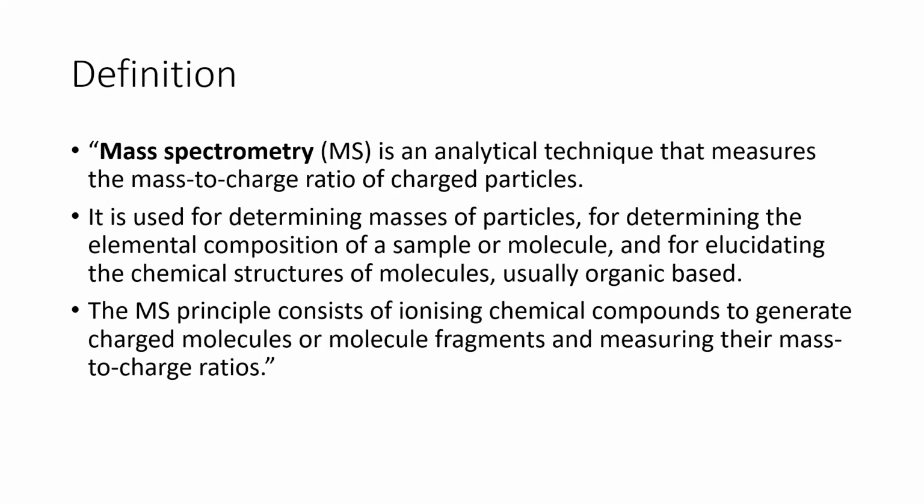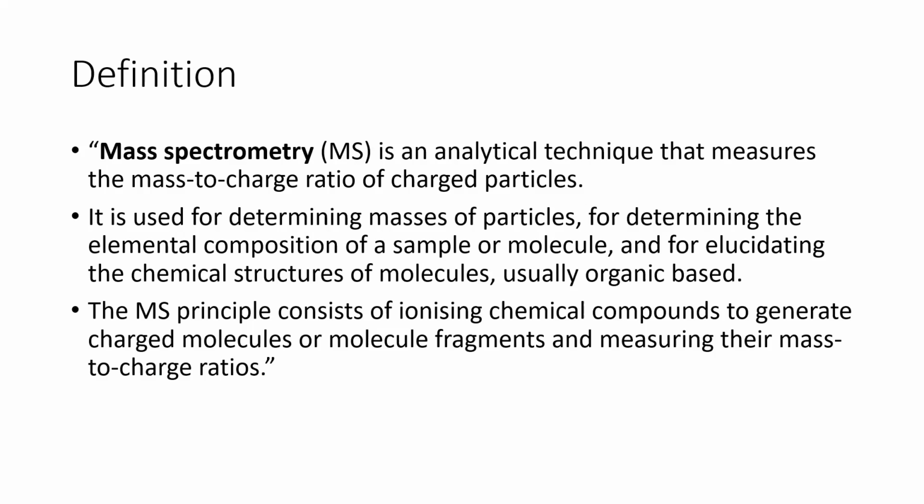and for determination of elemental composition of a sample or molecule. So apart from knowing the mass, it also tells us the composition. For example, if the molar mass of a compound is 28, 28 can be carbon and oxygen, that is CO. And another compound may have the same mass of 28.